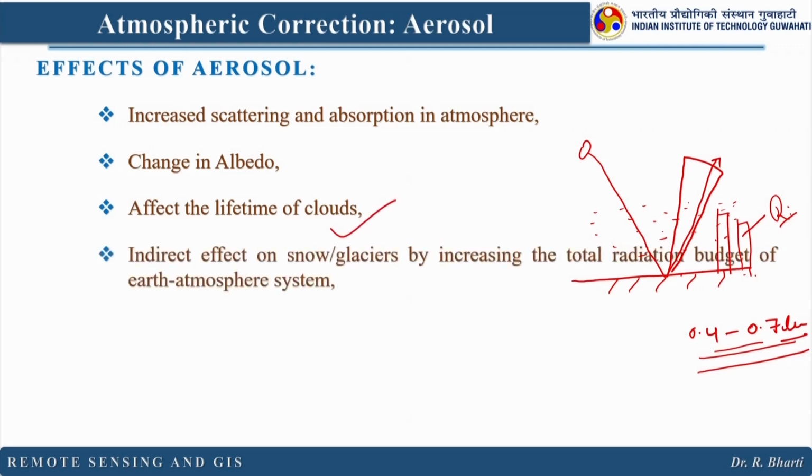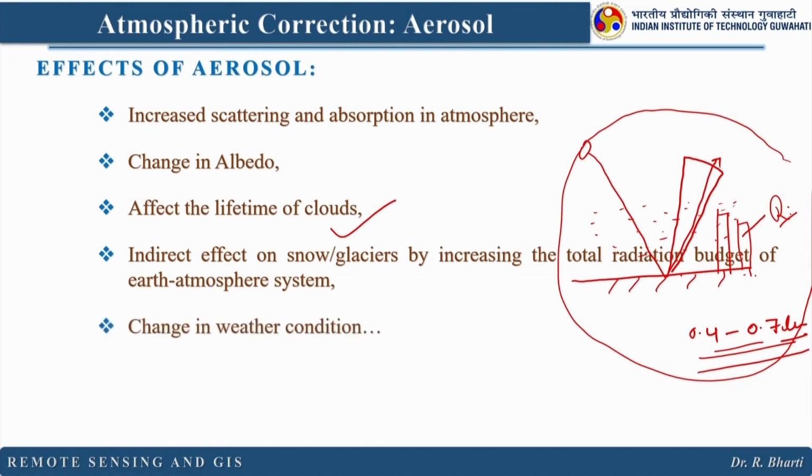Then there is an indirect effect on snow and glaciers by increasing the total radiation budget of the Earth atmosphere system. These aerosols can also trap the heat coming from the sun and not allow it to go back out of the atmosphere. This is ultimately changing the total radiation budget of the Earth atmosphere system, and the change in weather condition is again a result of the presence of aerosol.